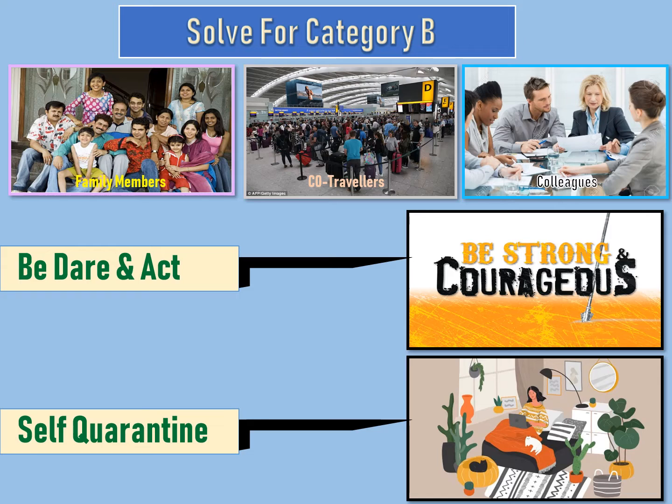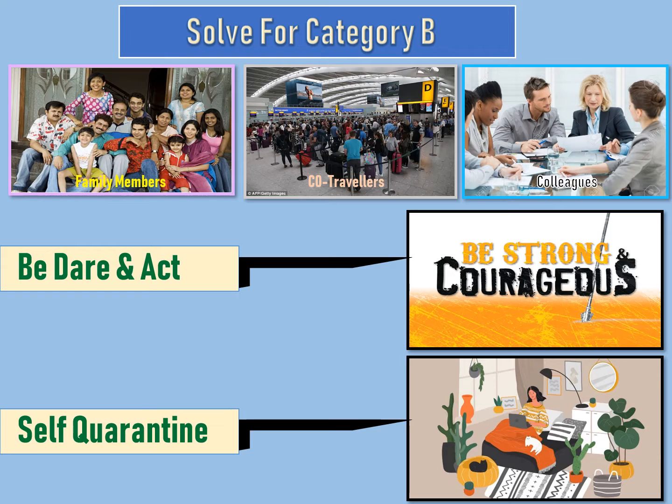Okay, now let us look at what are the key steps for category B, that is the persons in contact with the COVID-19 impacted persons. They may be the family members, their colleagues, their classmates, or their co-travelers, anything.